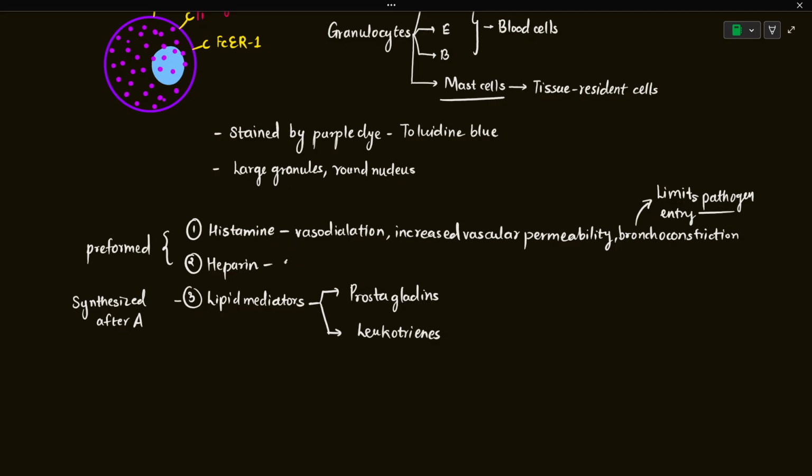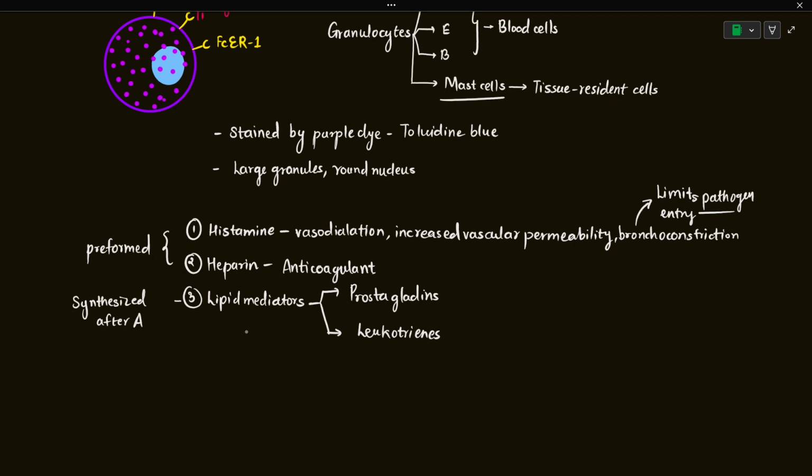Then heparin is an anticoagulant. This results in prevention of coagulation of blood, prevention of blood clotting. This helps a lot in smooth immune responses, so that blood flow is maintained in the inflamed tissue, and the immune cells are able to easily invade that inflamed tissue.